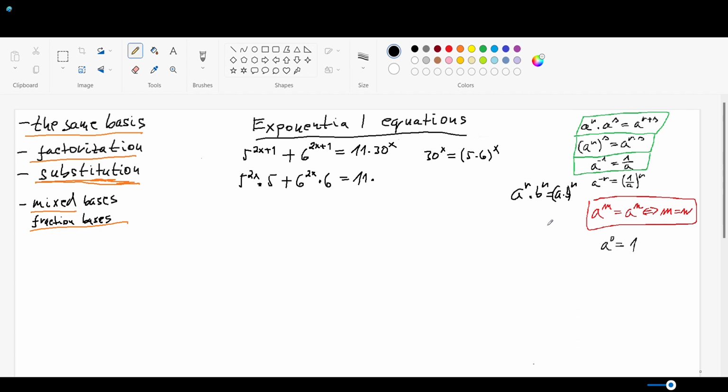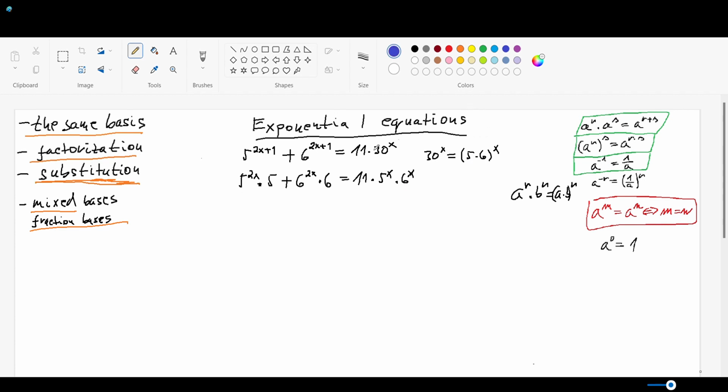Okay. And in this procedure, we are using it the other way around. So 30 to the power of x can be written like this, and then by using this formula we can write it as 5 to the power of x times 6 to the power of x.